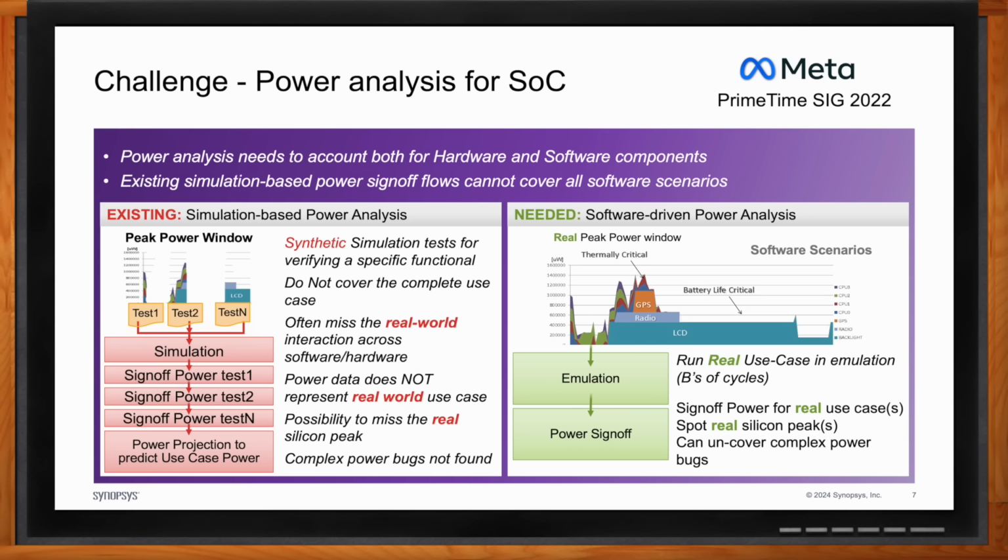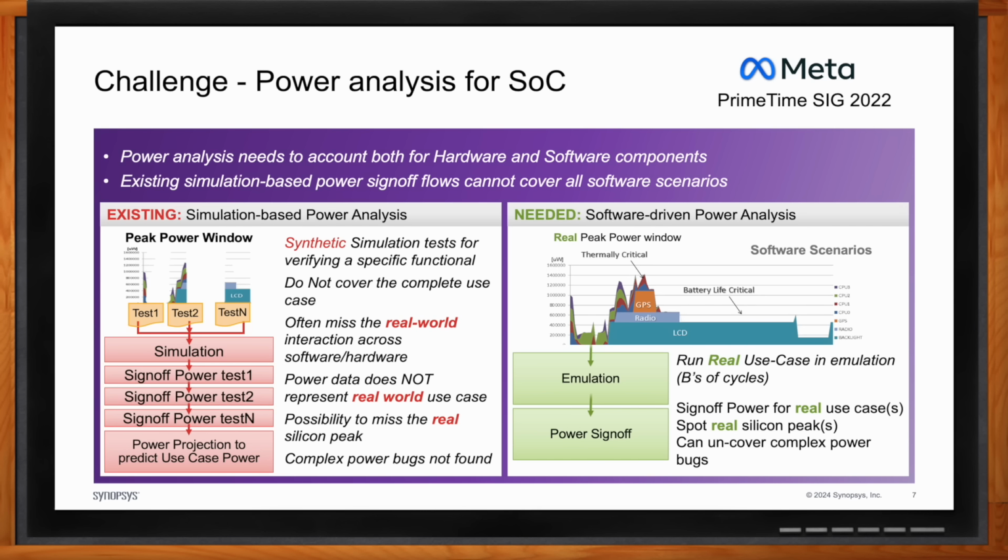But what happens with power analysis is that it has been traditionally driven by simulation scenarios. So you get RTL regression vectors, which are really synthetic simulation based tests. They are maybe not covering the complete use case, missing the real world interactions or real world scenarios.